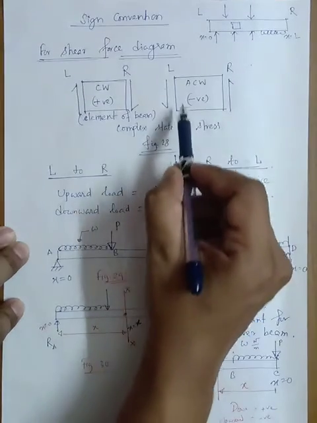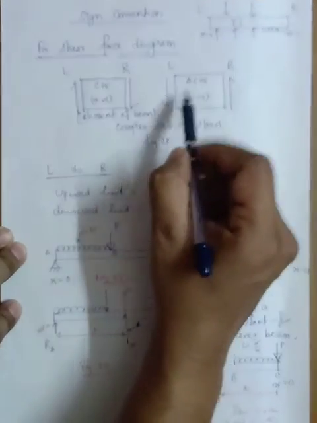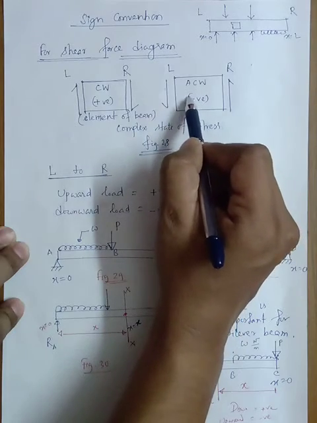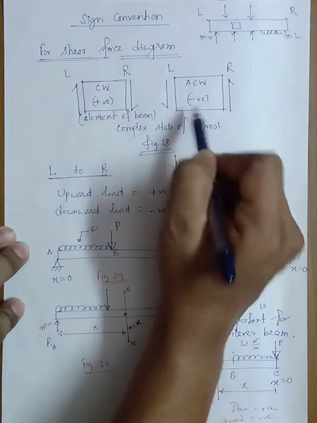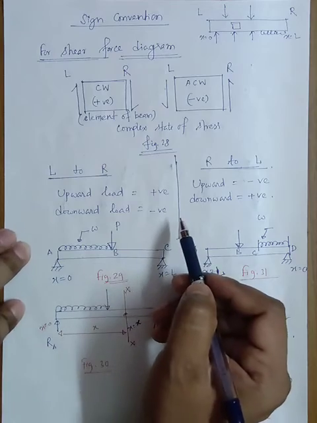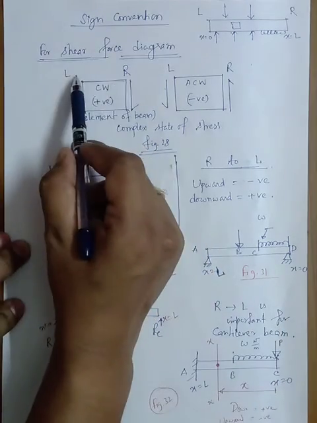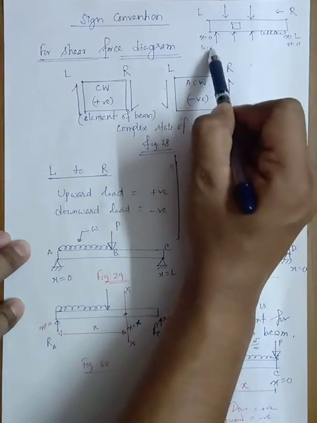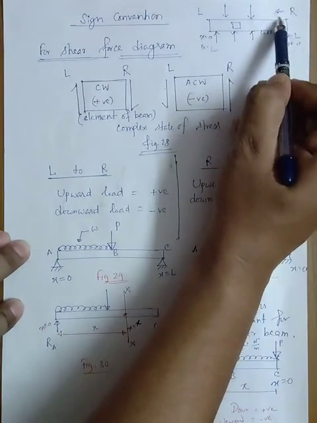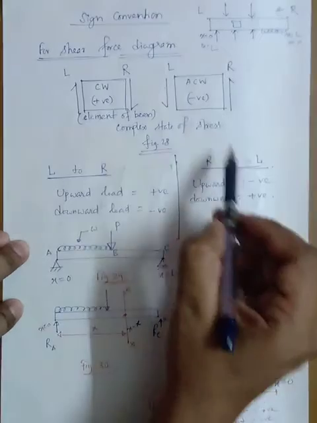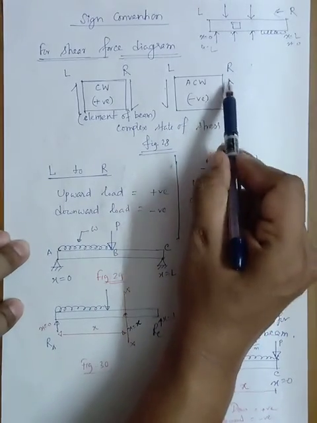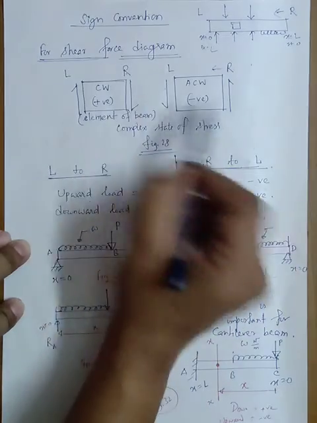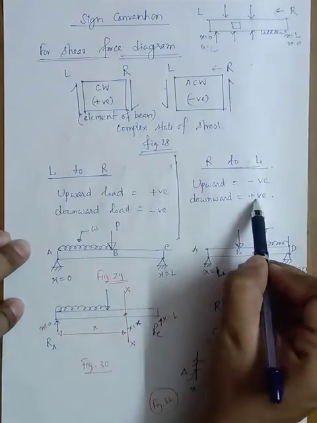From left to right, downward forces are negative forces. Similarly, if you move from right to left, where this is x equals to 0 and this is x equals to L, then upward forces will be negative and downward forces will be positive.